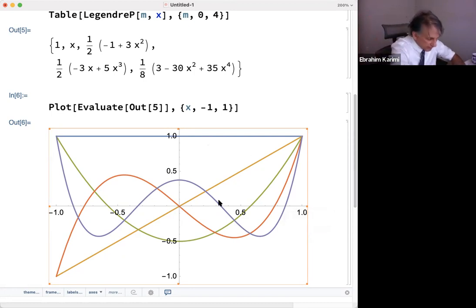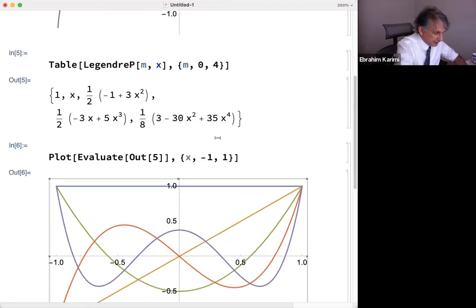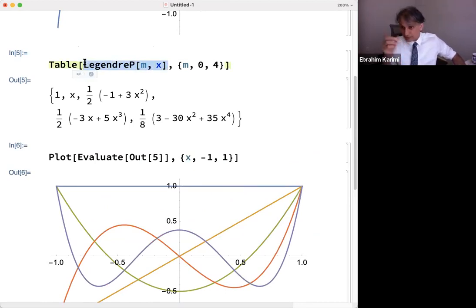You are looking at that region, for example 0.8, and asking which Legendre polynomials have a 0 value there. Remember, you are not necessarily stuck with integer values of m. Here m changes from 0 to 4, but you can also have a real quantity.